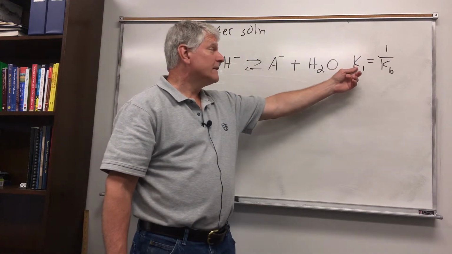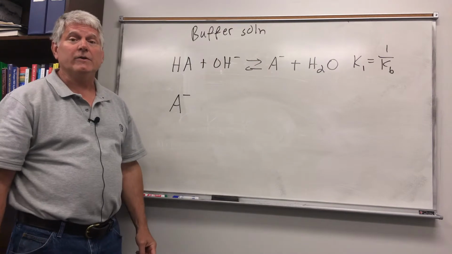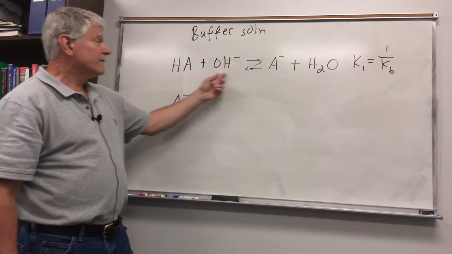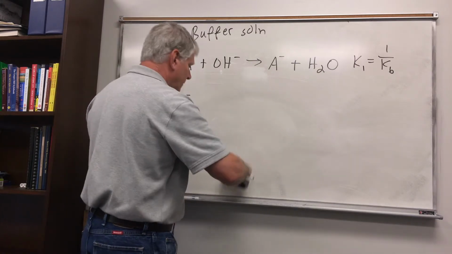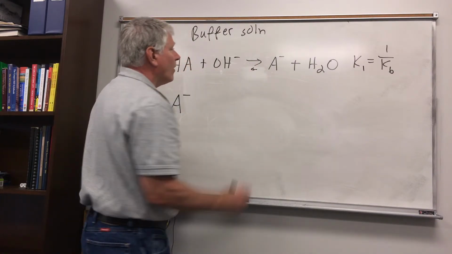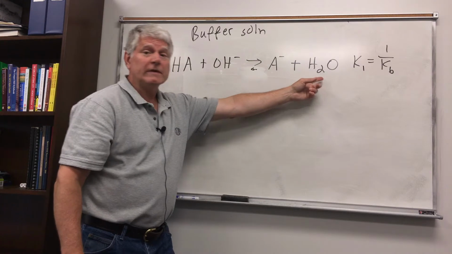So that means that this equilibrium constant is very, very large. So this reaction goes almost all the way to completion. So the reverse arrow is really small. So this reaction goes mostly to the right.